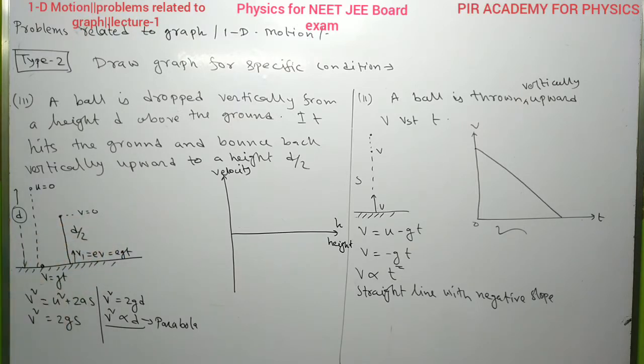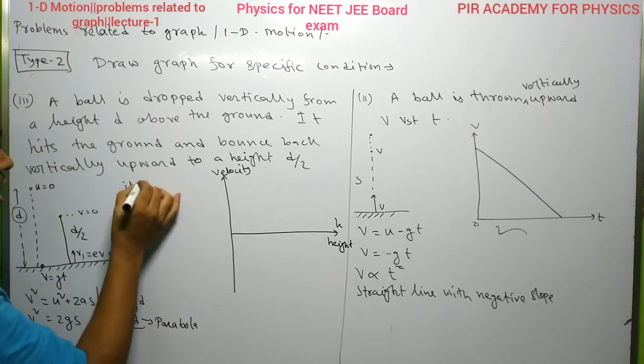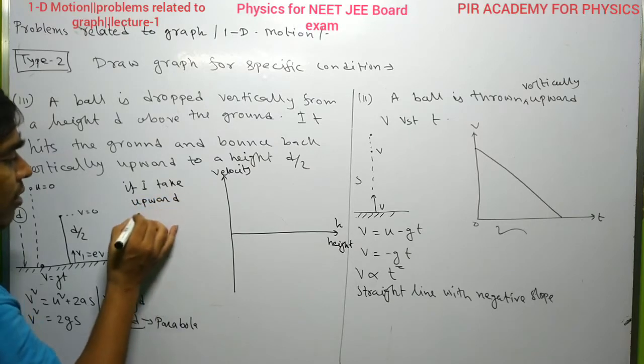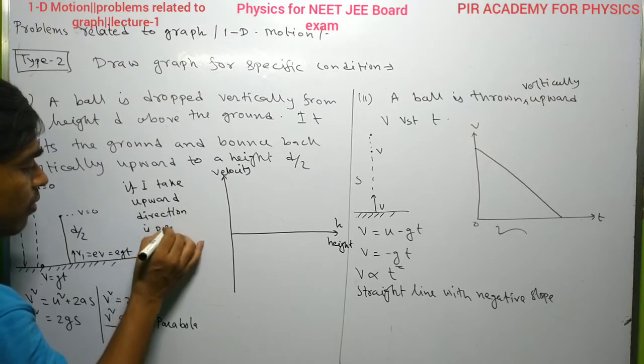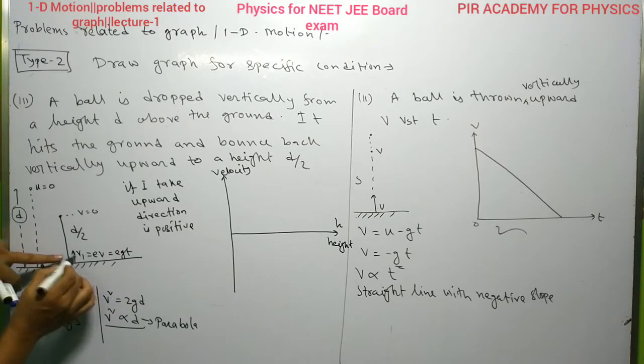If I take the upward direction as positive, then the velocity in this condition is negative and in this condition is positive. So the graph: v1 will be positive.